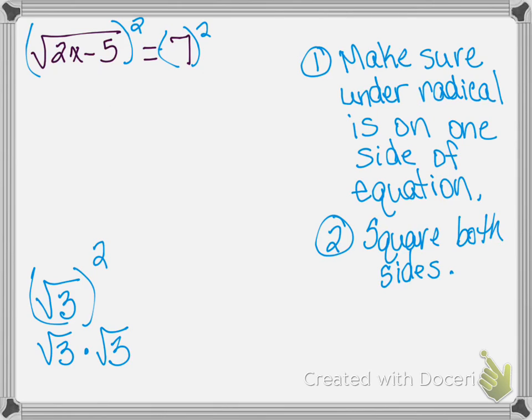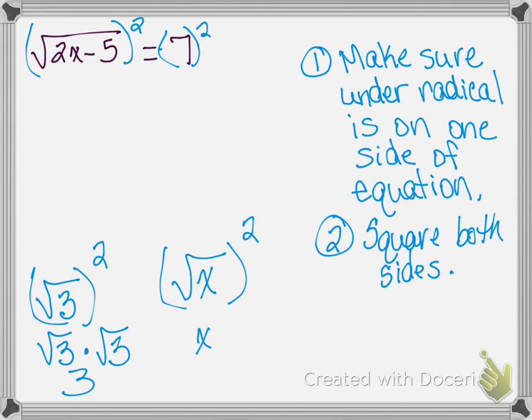So when I square the square root of 3, what's my final answer? 3. Okay? It's what's inside the radical. So if I had the square root of x squared, what would I get? Just x. Okay? Just x.